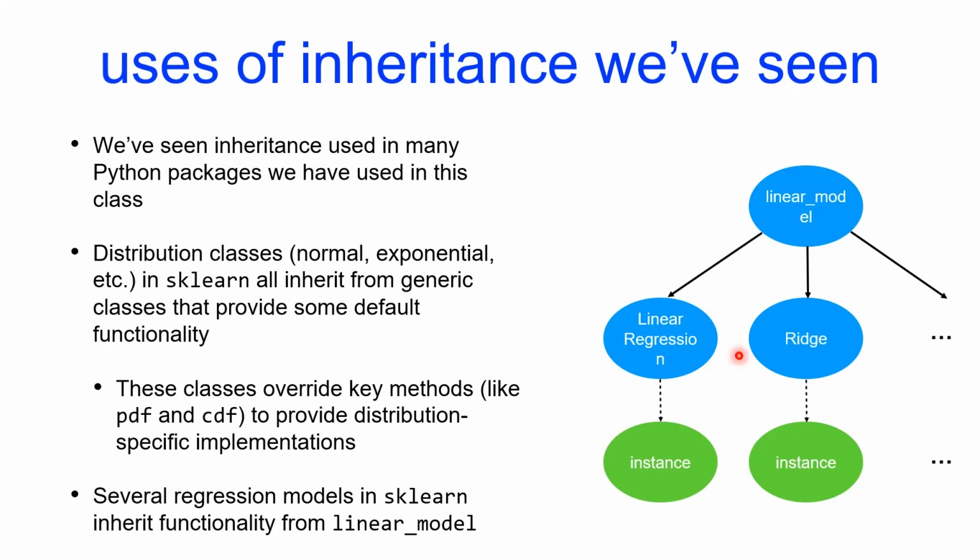When you talk about linear regression and ridge regression, I guess you will appreciate this inheritance more, right? Because those things are really more or less very similar. Each of them is a slightly revised version of the other. So you can start with something in common, then you add each additional component, right?